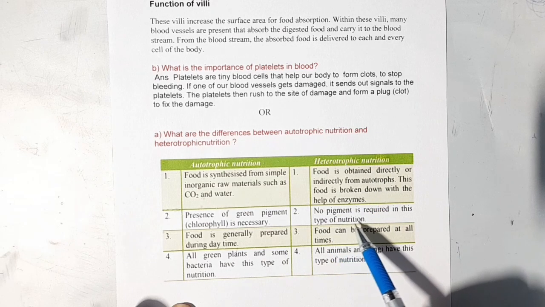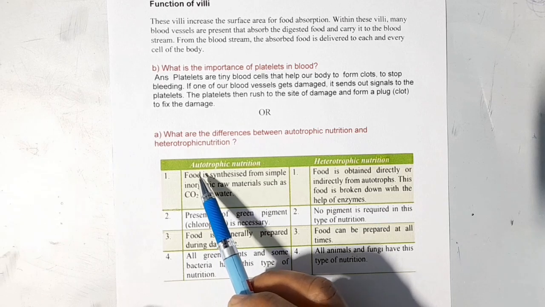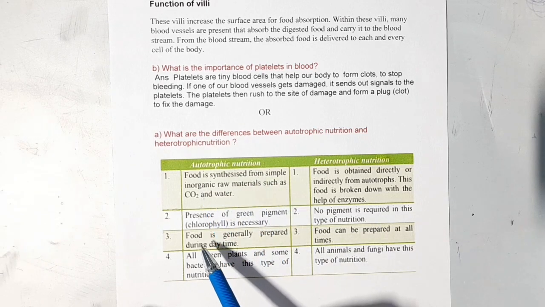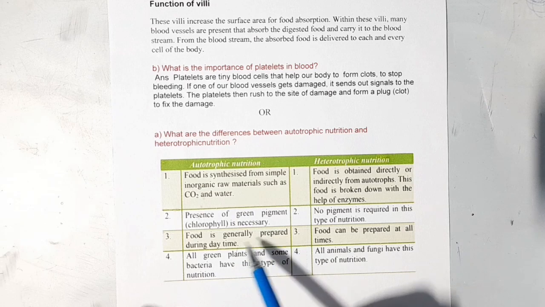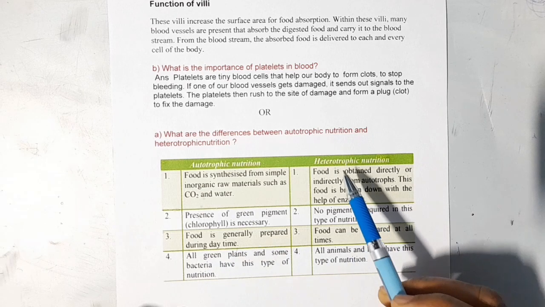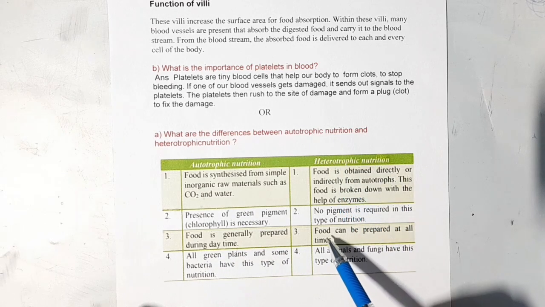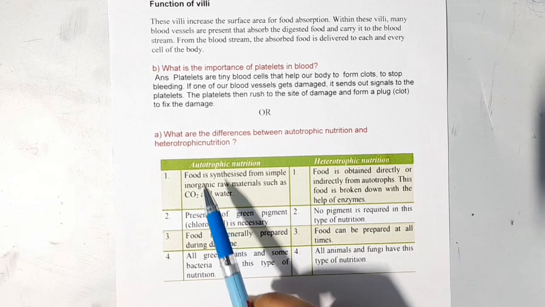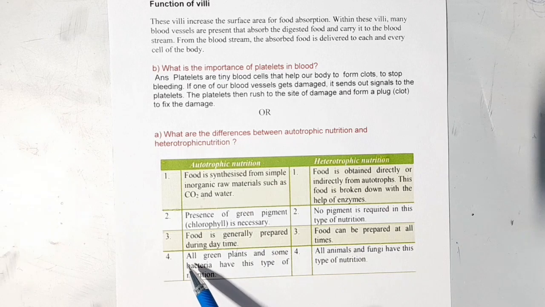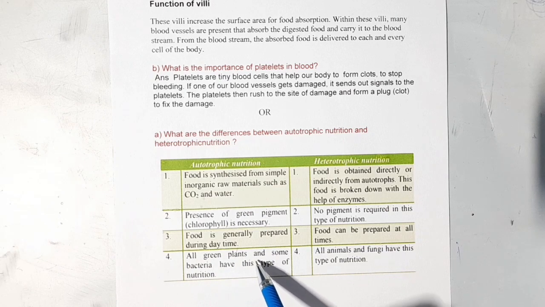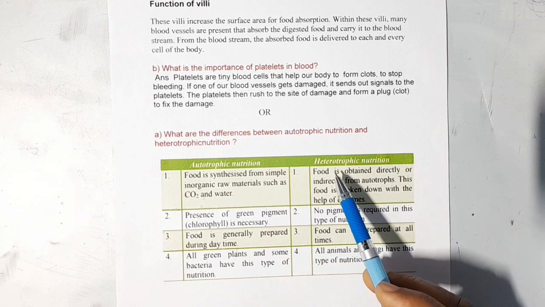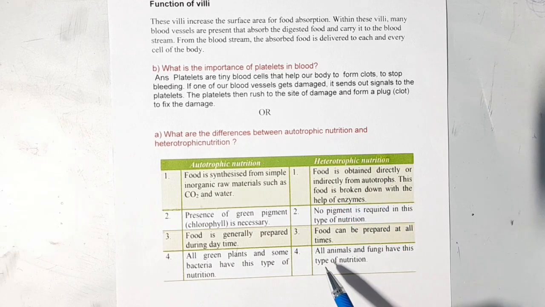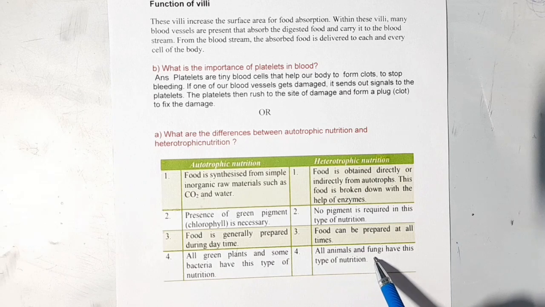In autotrophic nutrition, food is generally prepared during daytime, whereas in heterotrophic nutrition, food can be prepared at all times. In autotrophic nutrition, all green plants and some bacteria have this type of nutrition, whereas in heterotrophic nutrition, all animals and fungi have this type of nutrition.